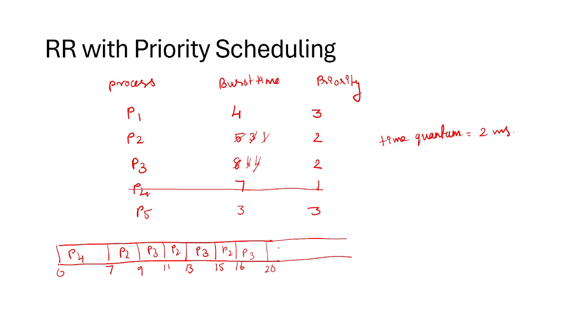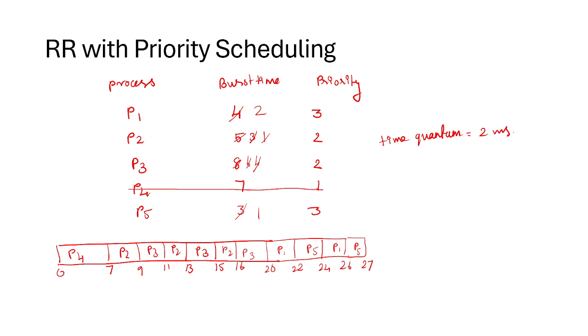First P1 gets the CPU and executes up to 22 milliseconds. The remaining is 2. Now P5 gets it up to 24. Then P1 gets it and executes up to 26. Again P5 executes up to 27.